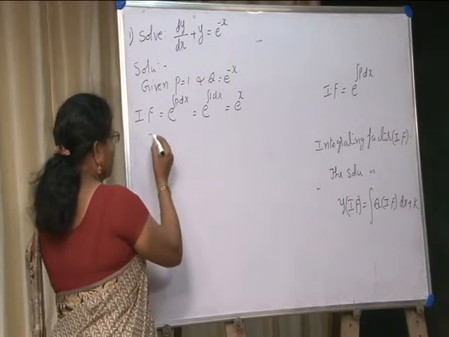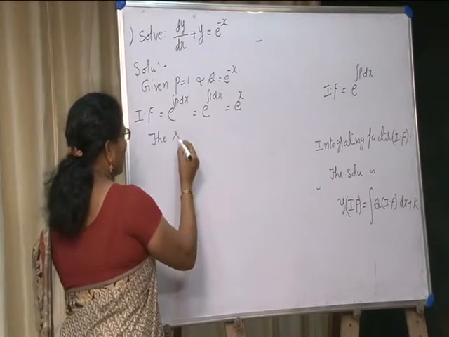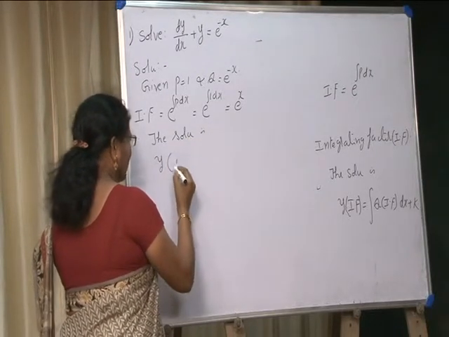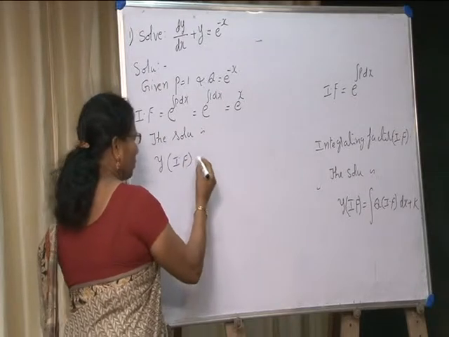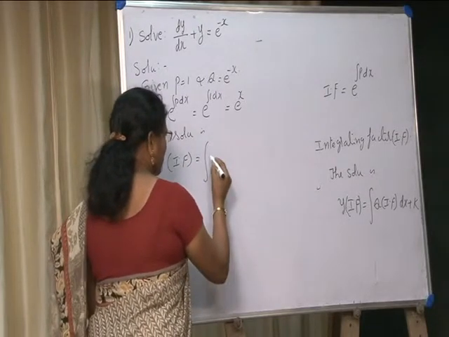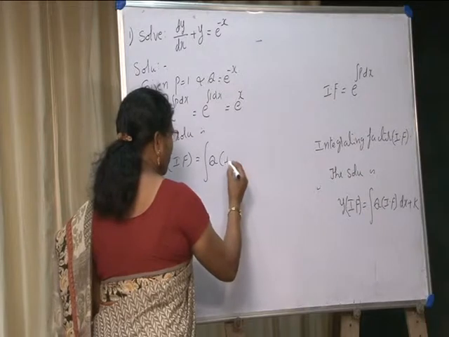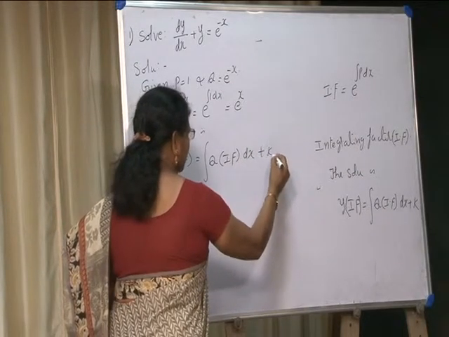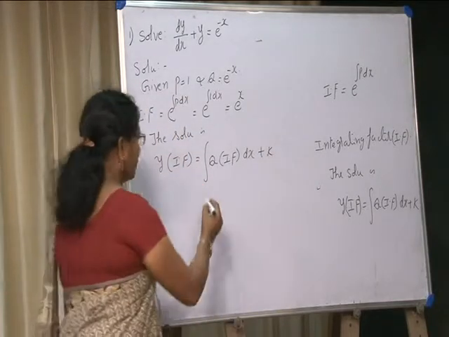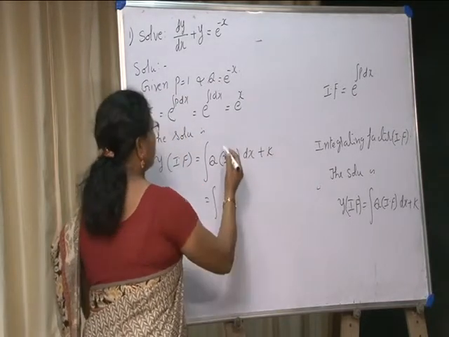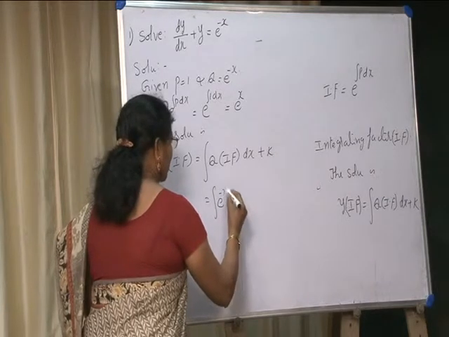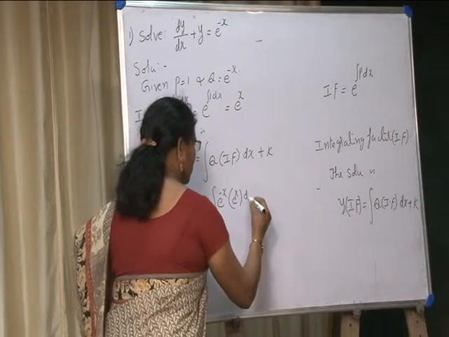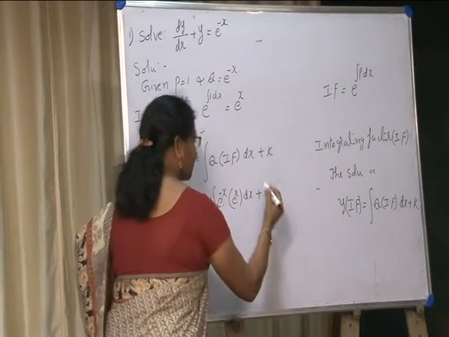Therefore, the solution is y into integrating factor is equal to integration of q into integrating factor with respect to x plus k. Here q is e to the power of minus x, integrating factor is e to the power of x, with respect to x plus k.